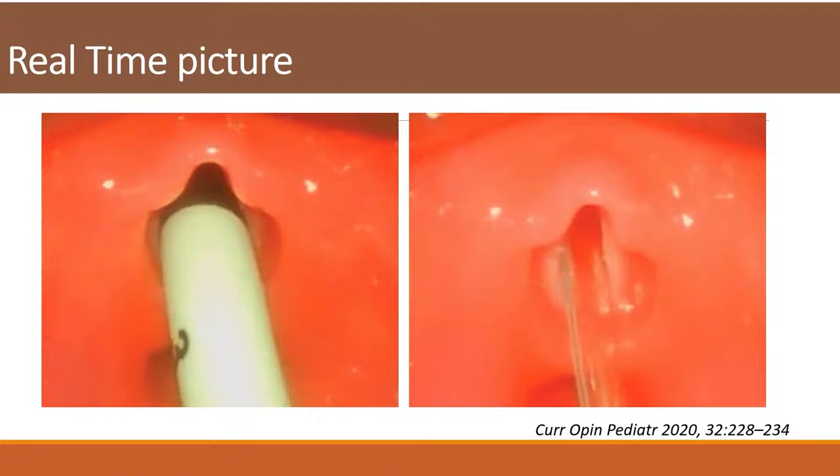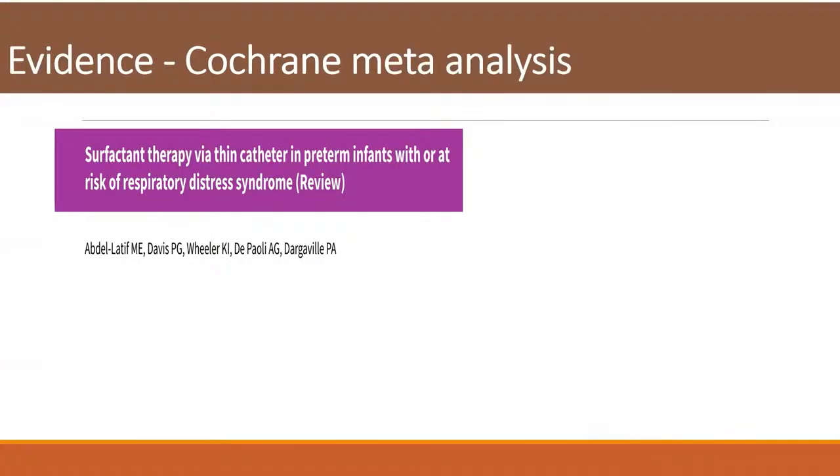So even with the narrowest size of available endotracheal tubes, such as 2.5 endotracheal tube or 2 size endotracheal tube in an extremely preterm baby, one can see that the MIST or the LISA catheter definitely seems to offer much lesser mucosal injury of the area around the glottis.